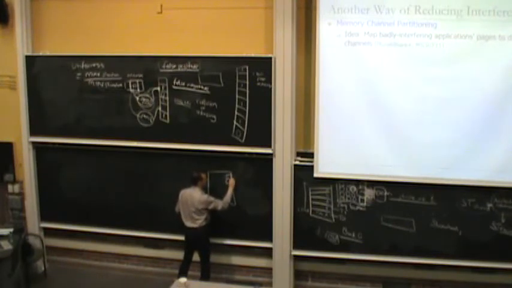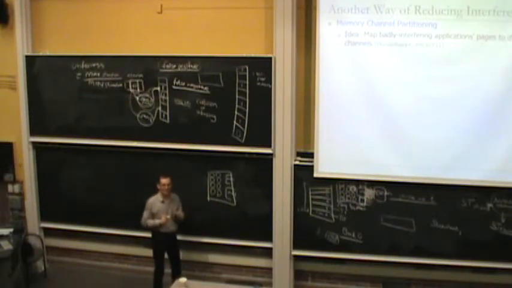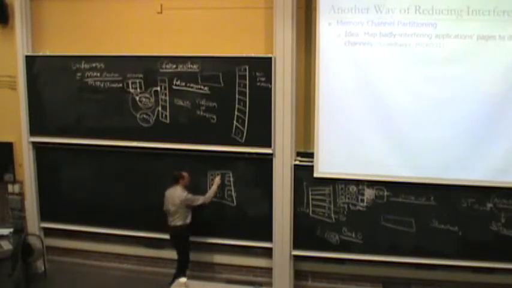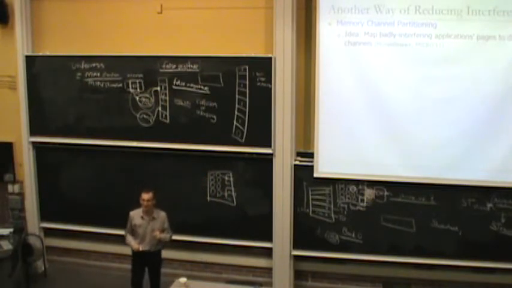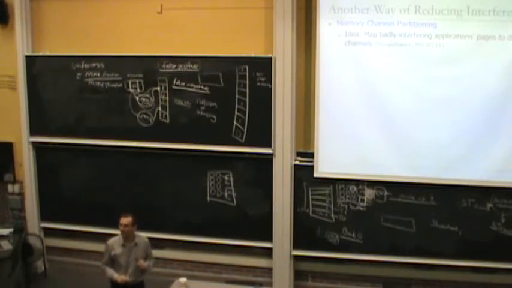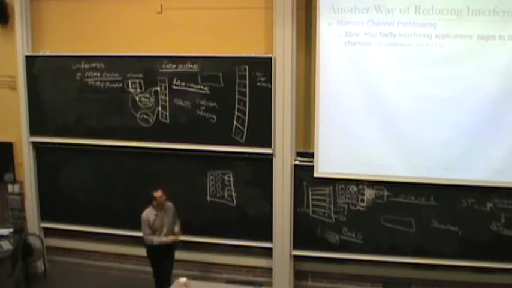You have memory channel 0, memory channel 1. You have many different cores. And if you could identify which applications running on the cores interact nicely with each other, and which don't, you can map those badly interfering applications to separate channels. Right? Does that make sense? That way, they don't interfere with each other at all because they're at separate channels. That's the key idea here.